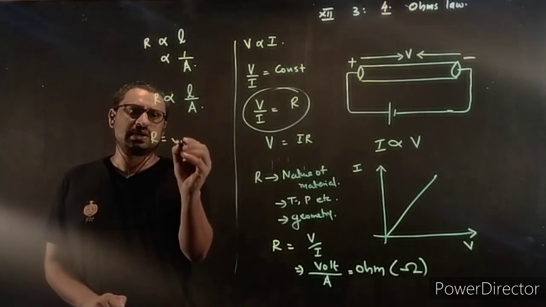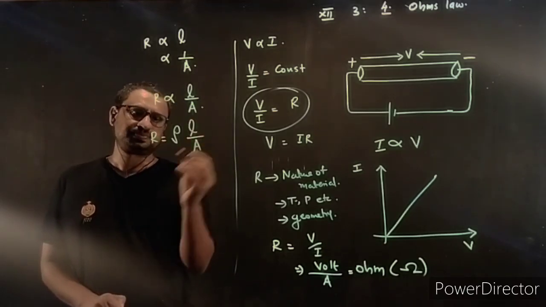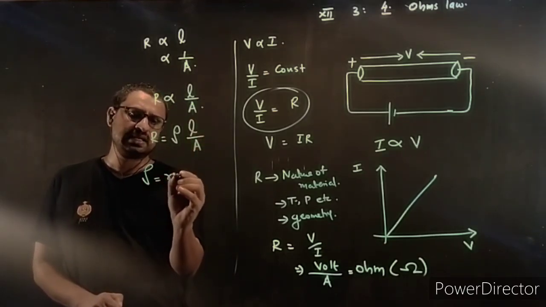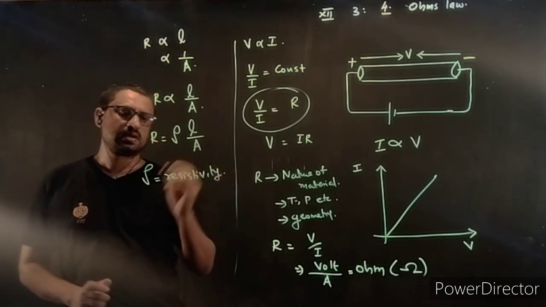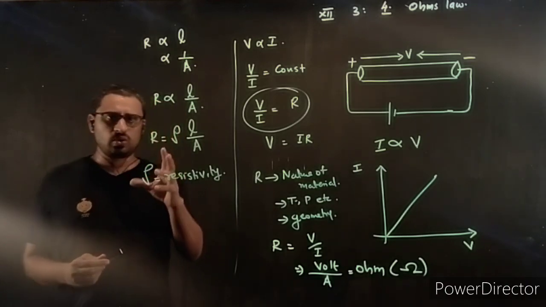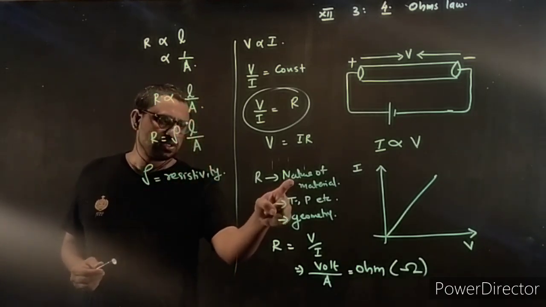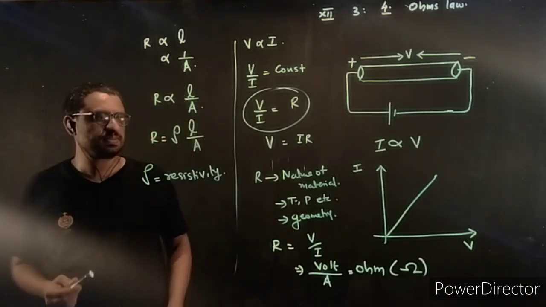So R equal to a constant rho into L by A, and rho is known as the resistivity. Actually, that rho depends on two factors: one, nature of material, and the other is temperature, pressure, etc., like physical conditions.